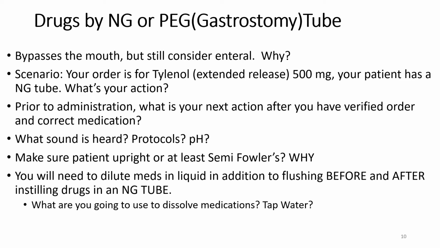But just remember, once it's all passed through the tube, you're going to clamp that feeding for at least 30 minutes, okay? Especially if you're going to give some other medications. So make sure your feeding is completed for 30 minutes before you give any medications, so that way there's no interactions with the feeding and whatever medication you're giving, okay?